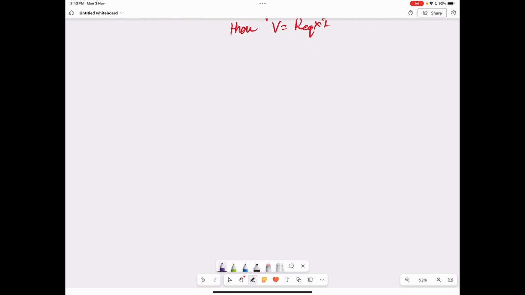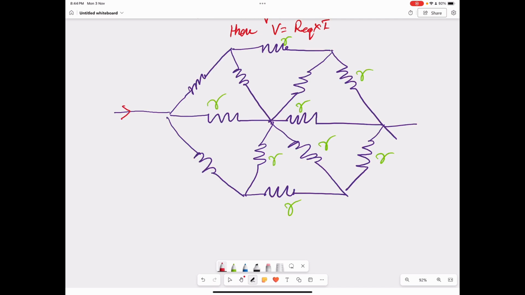So I will now redraw this figure. I is the current.